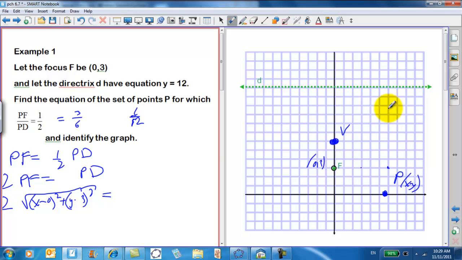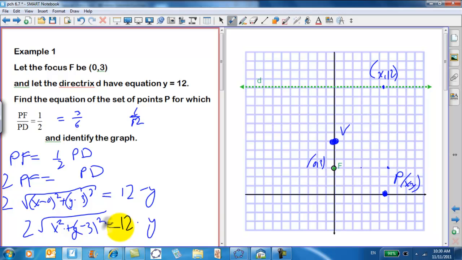PD is the distance from this point to the point way up here, which will be (x, 12). These points have the same x coordinate but different y coordinates, so we just take the difference in the y coordinate, 12 minus y. So we have twice the square root of x squared plus (y minus 3) squared equals 12 minus y, and we can go ahead and square both sides.